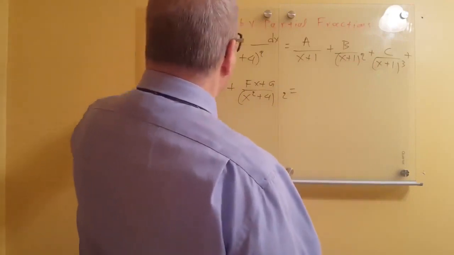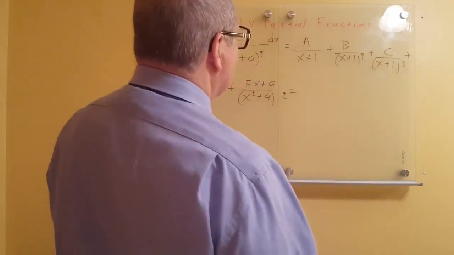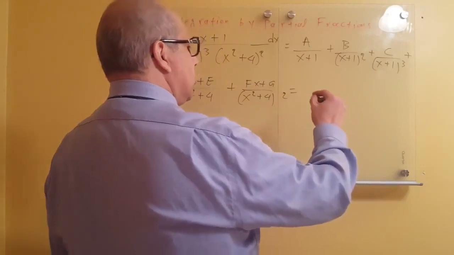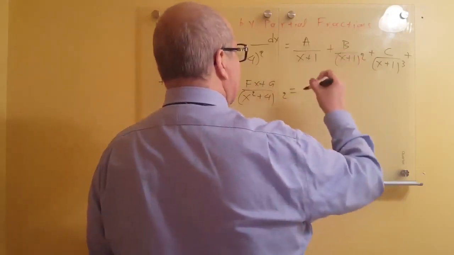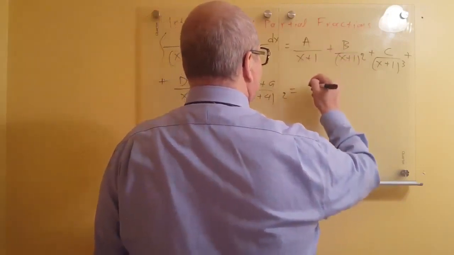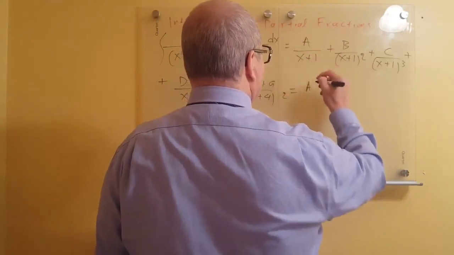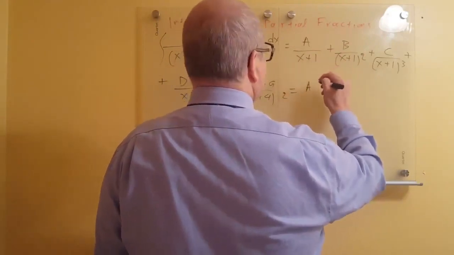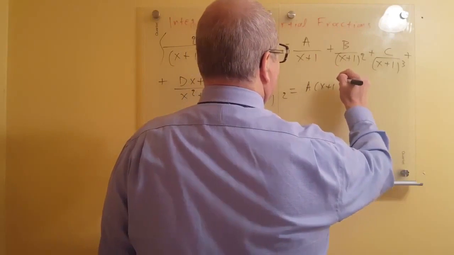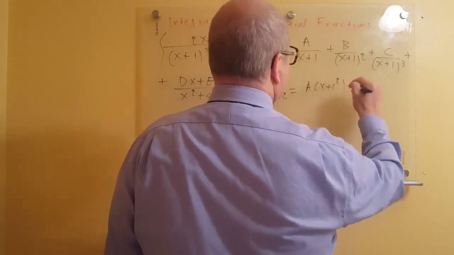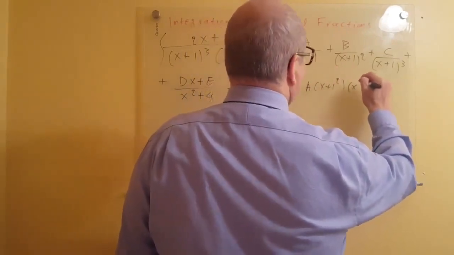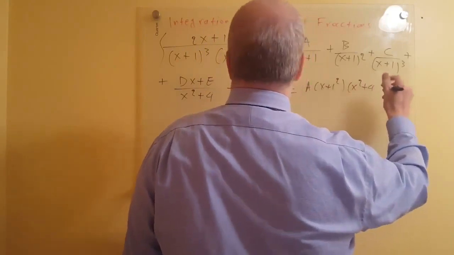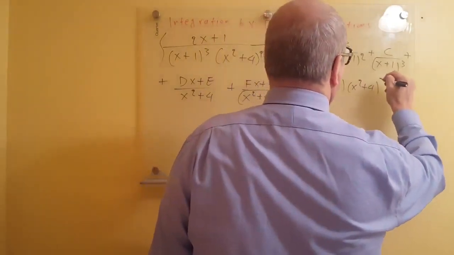Of course, this is the least common denominator, so we have to multiply everything by it. When you do that, what will be left for A is x plus 1 squared times x squared plus 4 squared.